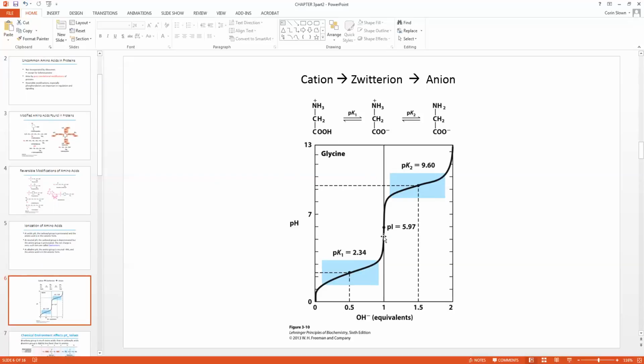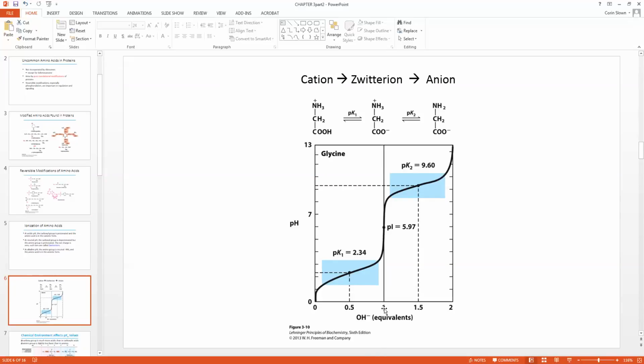Once I reach my isoelectric point, that negative charge now predominates. And so most of my carboxylic acid is actually the carboxylate, or the negative charge. And it's because I have this negative charge and a positive charge that I now have the Zwitter ion. So that's where my net charge is neutral.